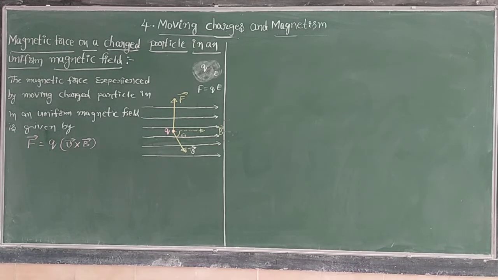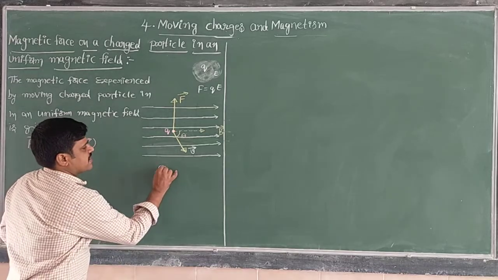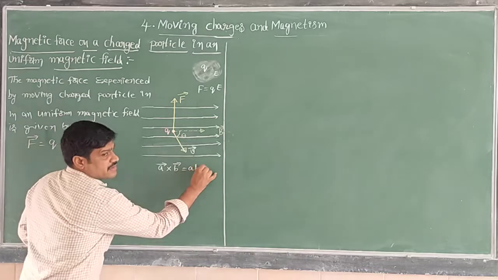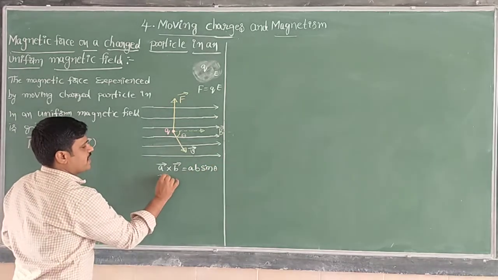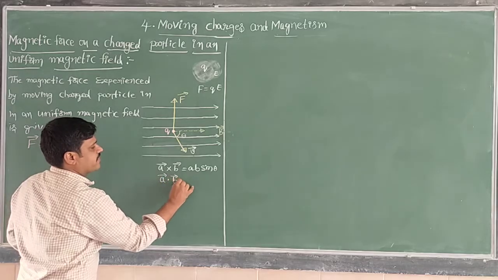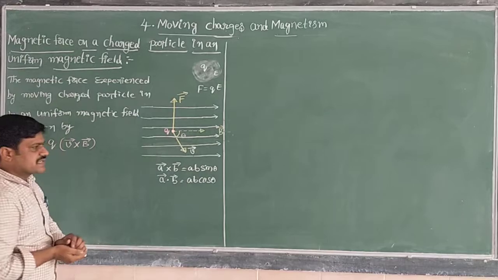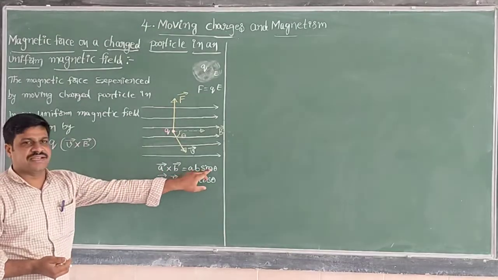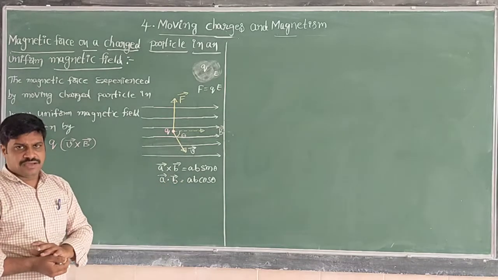Of course, here we have two formulas. A bar cross B bar is equal to AB sin theta. Next, A bar dot B bar is equal to AB cos theta. That means the cross product of two vectors is AB sin theta, and the dot product of two vectors is AB cos theta.